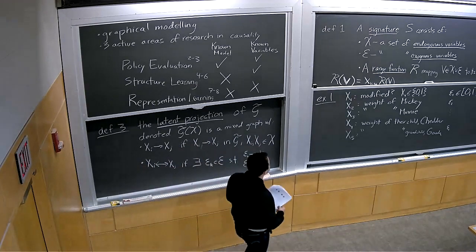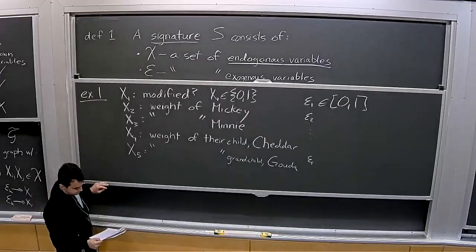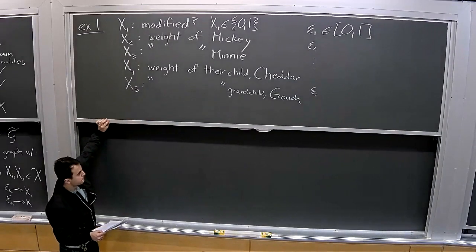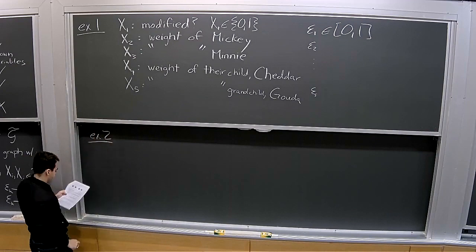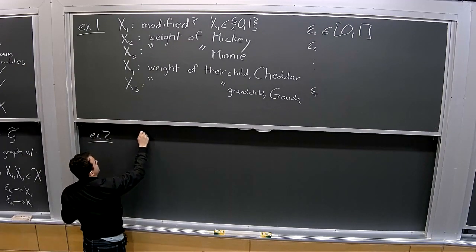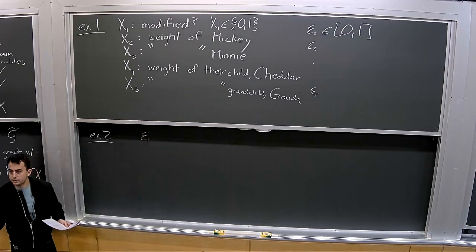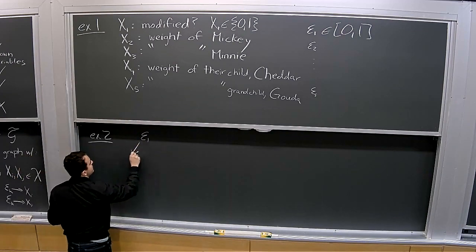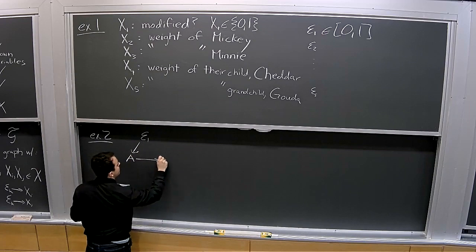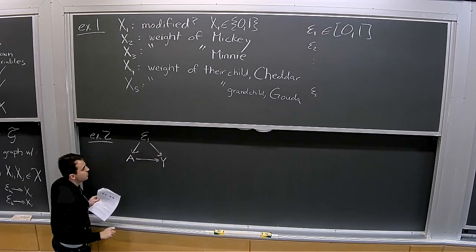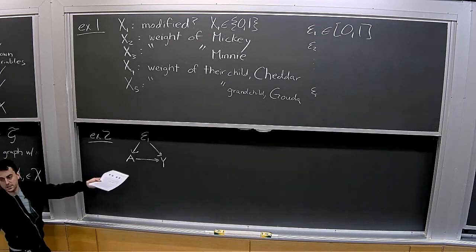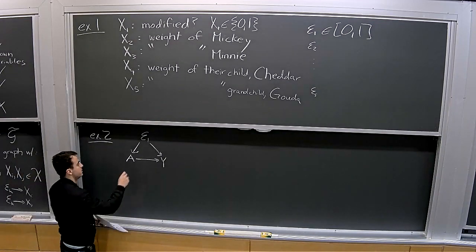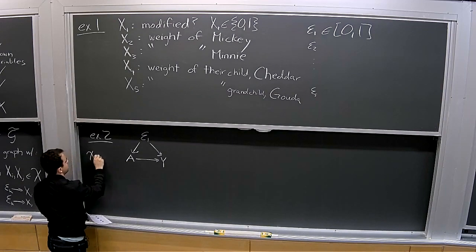So I'll give an example. Say that our graph only had a single exogenous variable that pointed to both of our endogenous variables. I'm not always going to be using x1, x2, x3, x4. Sometimes I'm going to be using other variables. So I'll just say something like this.